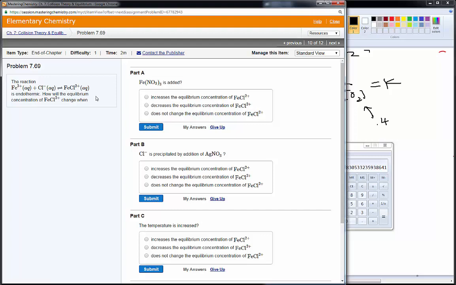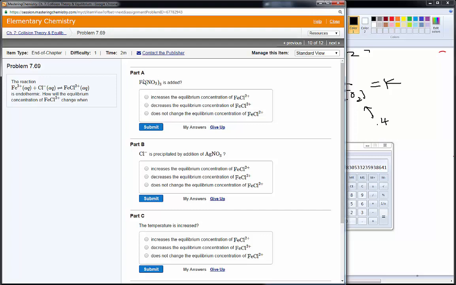All right, and now here's one. Here is a reaction where we're looking at concentration. So these reactions are occurring in solution. And I've got iron 3 plus and chloride makes this iron 3 chloride complex. Okay, it's a polyatomic ion. So if I had iron 3 nitrate, that's what's happening here. I want you to notice the nitrate is not really involved.